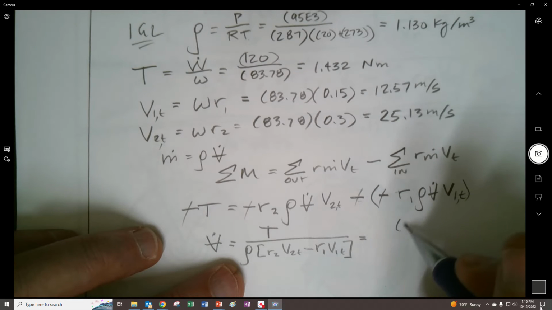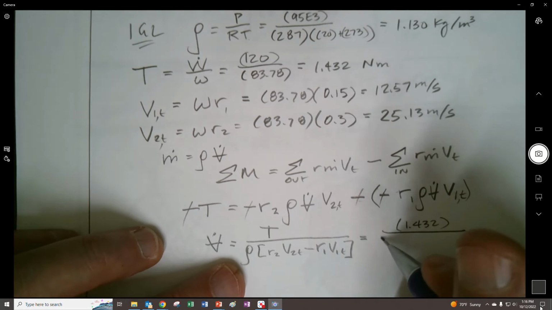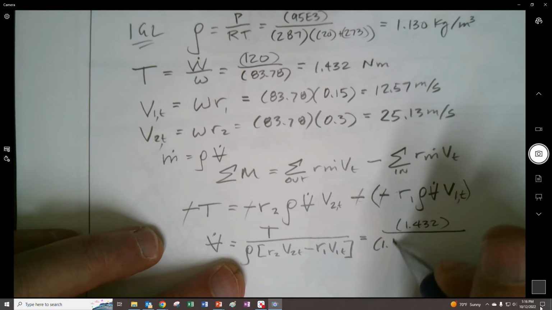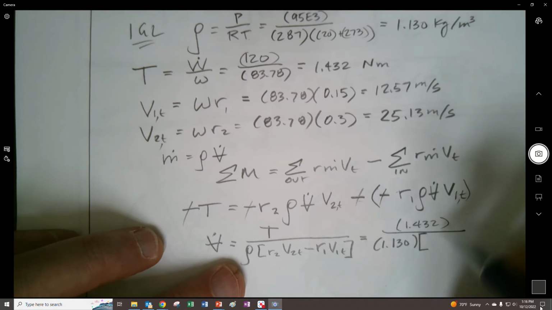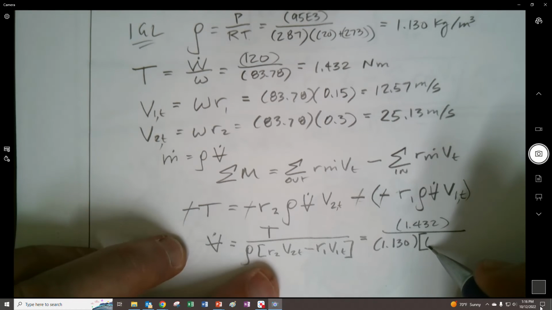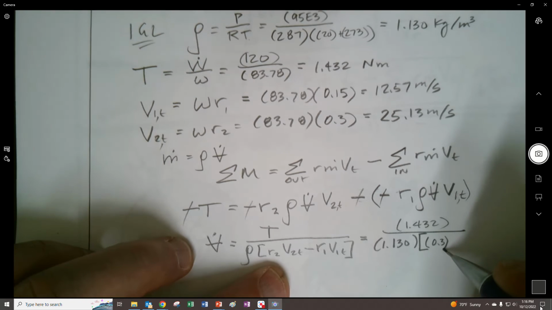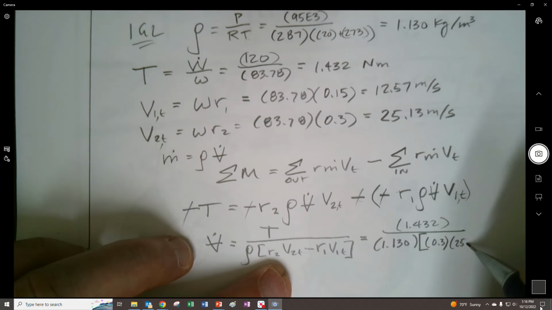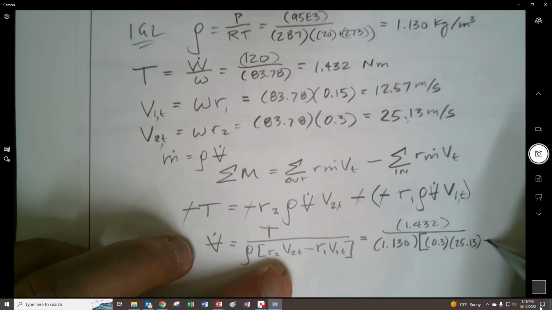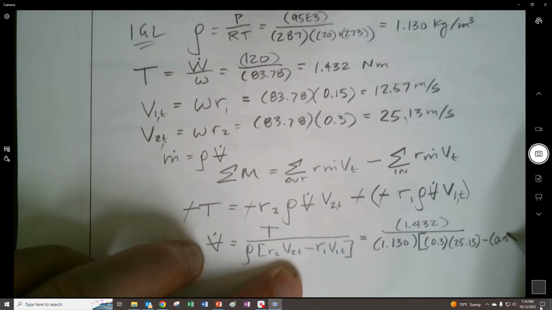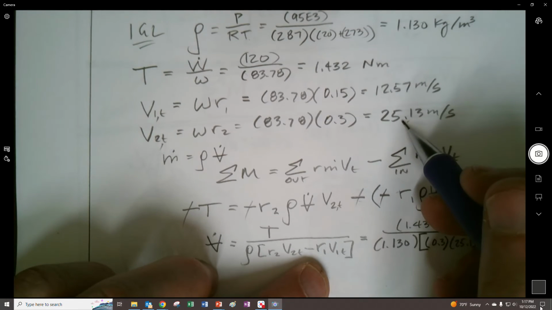So we're going to take our 1.432 and divide by our density, 1.130, and then multiply that by our R2, which we said was 30 centimeters, so 0.3, times 25.13 from right here, minus our 0.15, and that's going to be the 25.13.